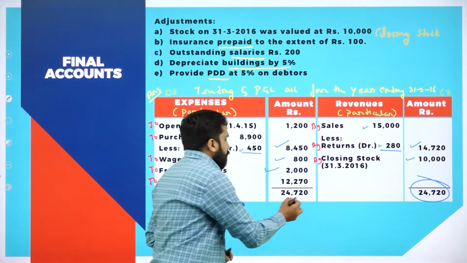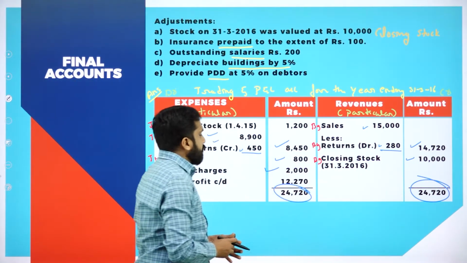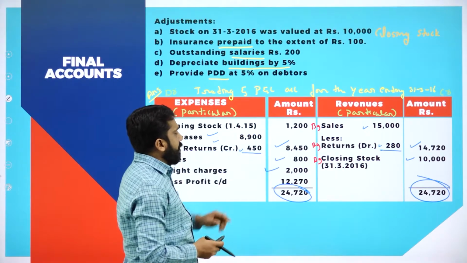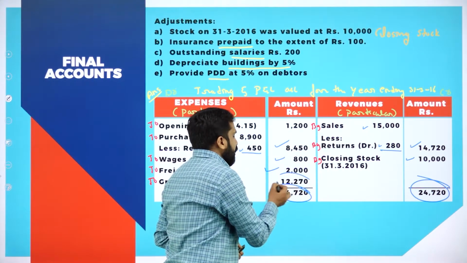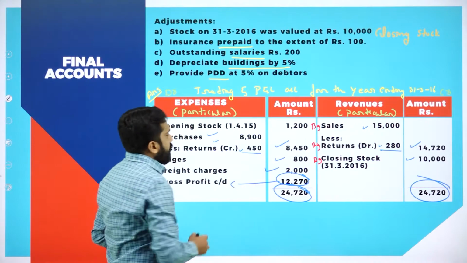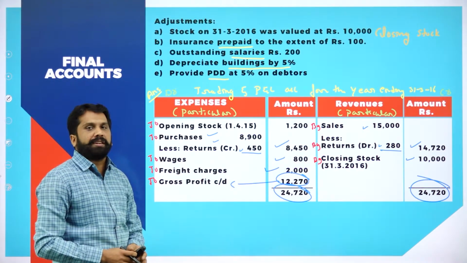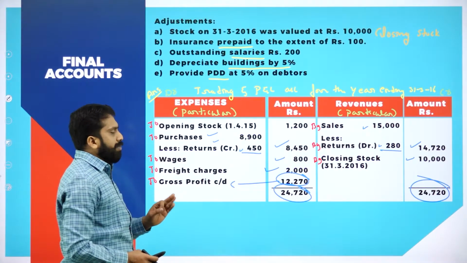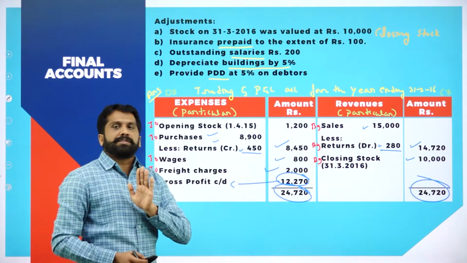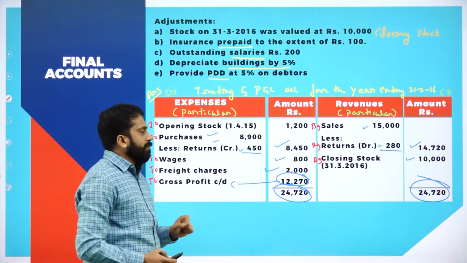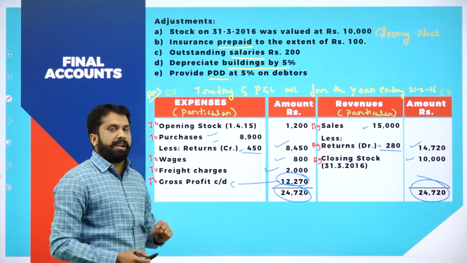Similarly, 24,720 minus all this, you will get 12,270. That will be gross profit. Clear? So while doing, please keep that question paper so that you will understand better. This is all about your trading account.